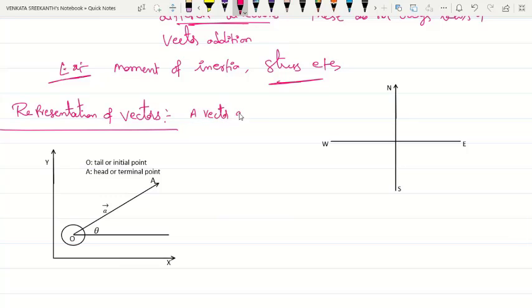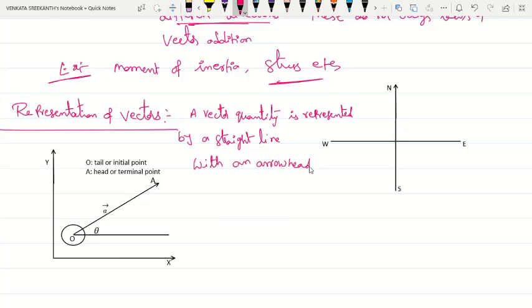A vector quantity is represented by a straight line with an arrowhead over it. I will write the definition: a vector quantity is represented by a straight line with an arrowhead over it.